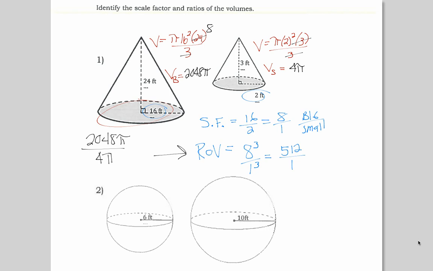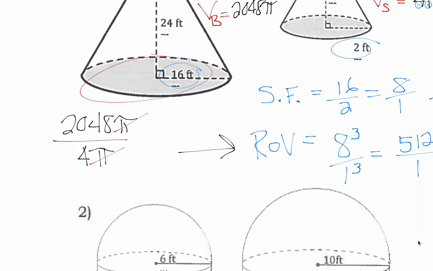And the reason why I didn't multiply that pi in there, which would give me a decimal, is that I would be forced to round, so it would be inaccurate. Because look what's going to happen. The pi's are just going to cancel out. So really it's divided by 4, and we get 512.